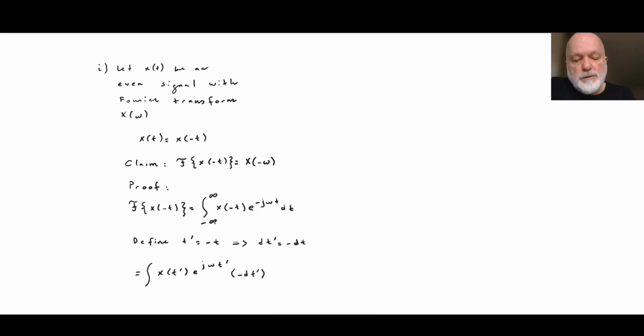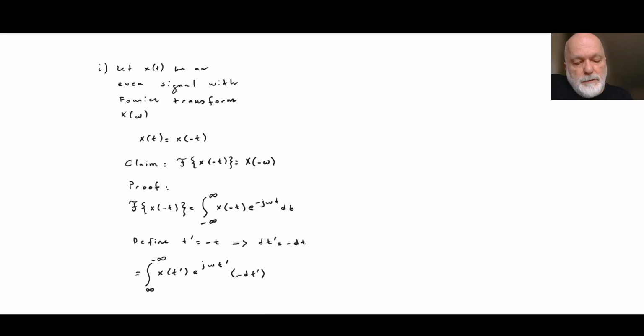As t tends to minus infinity, t prime tends to plus infinity. So the lower limit will be plus infinity, and similarly for the upper limit, as t tends to plus infinity, t prime tends to minus infinity. So we have this integral.